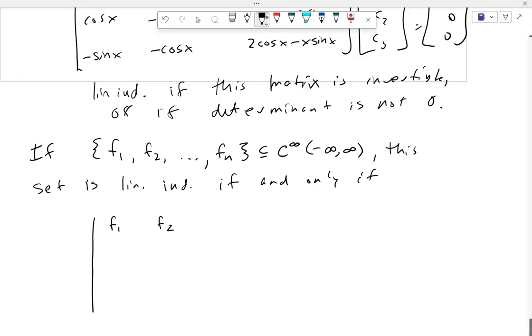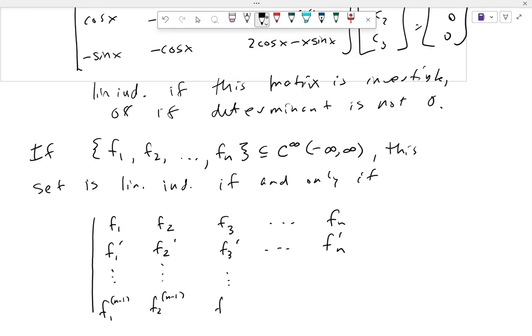My first row is just the functions. My second row is the first derivative of the functions. And keep going until we do the n minus first derivative.